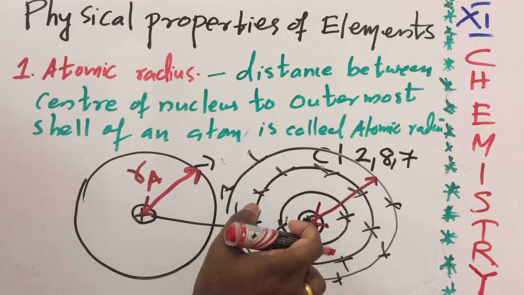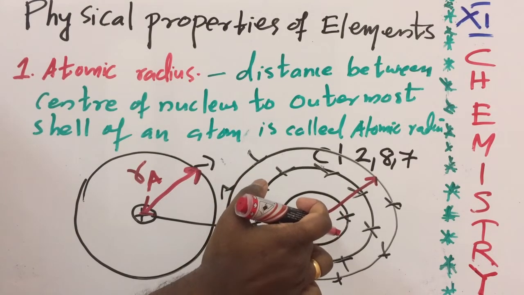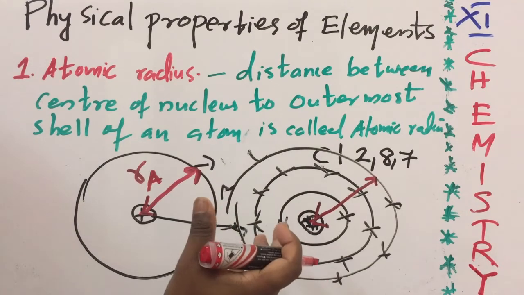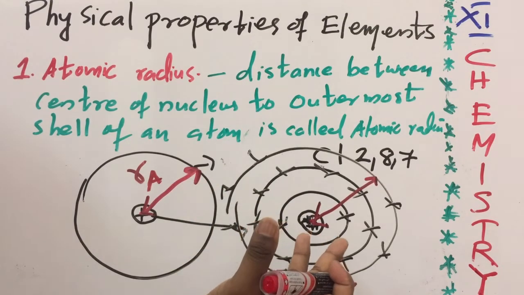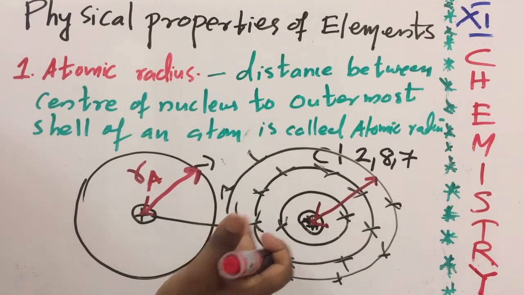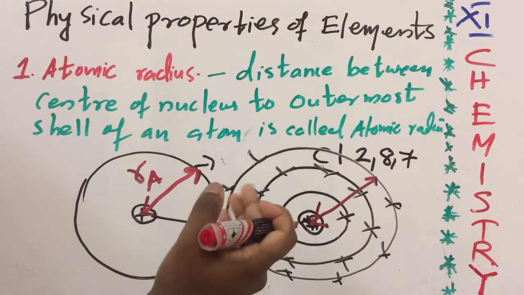So it is difficult to find directly the distance between the center of the nucleus and the outermost shell. For example, a cricket ball we can easily measure, because a cricket ball is a big object. Taking the diameter, half of the diameter gives the radius of the cricket ball. Or a football also.